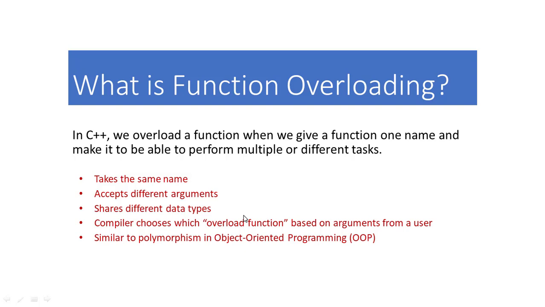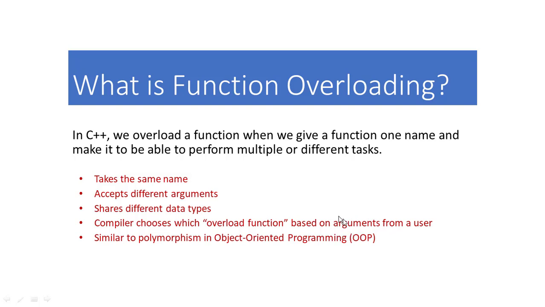So if functions share the same name and accept different numbers of arguments with different data types, when we use such functions, how does the compiler know which one of them to use? Well, the compiler chooses which overloaded function to use based on the number of arguments that the user supplies.